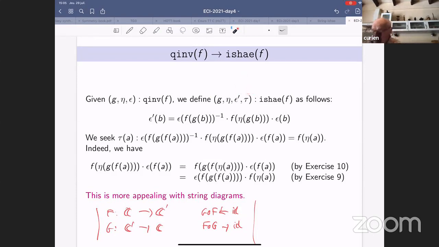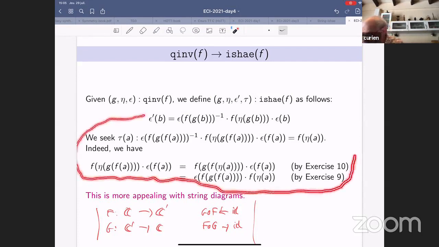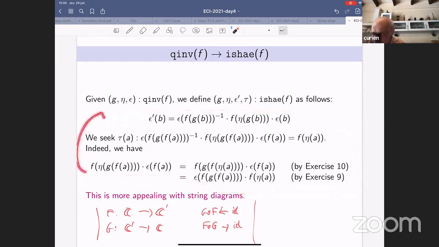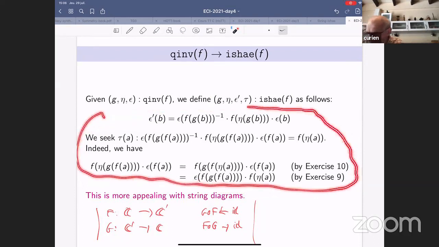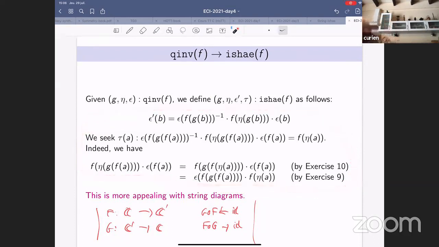Now, the proof of this is written here in classical terms. I invite you to read it carefully when you will have the slides. I think it's already there in the first version I sent the first day, but I will probably send an update tonight because there are many changes by now.